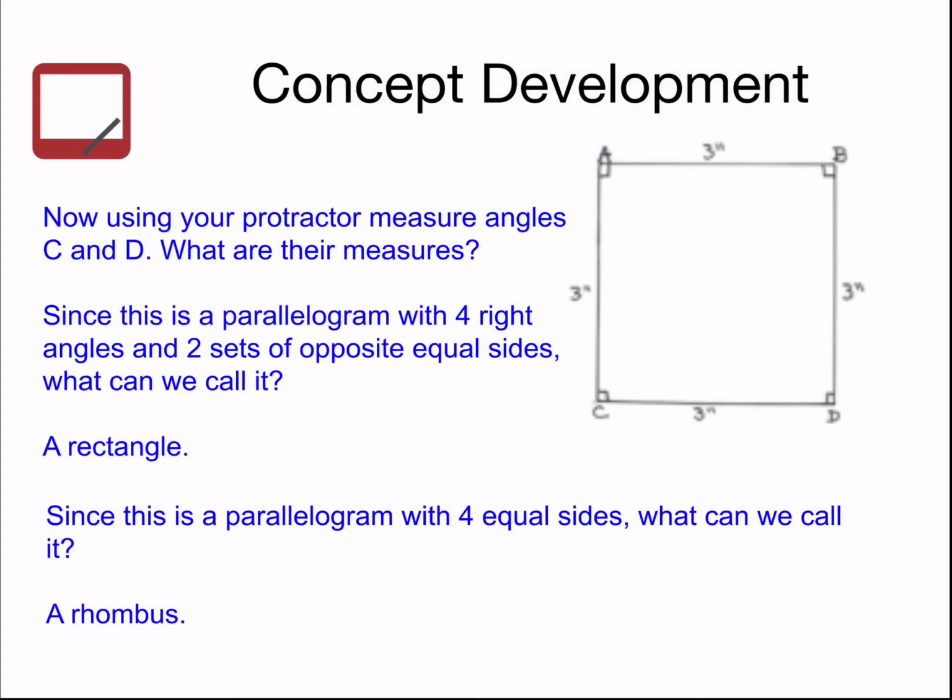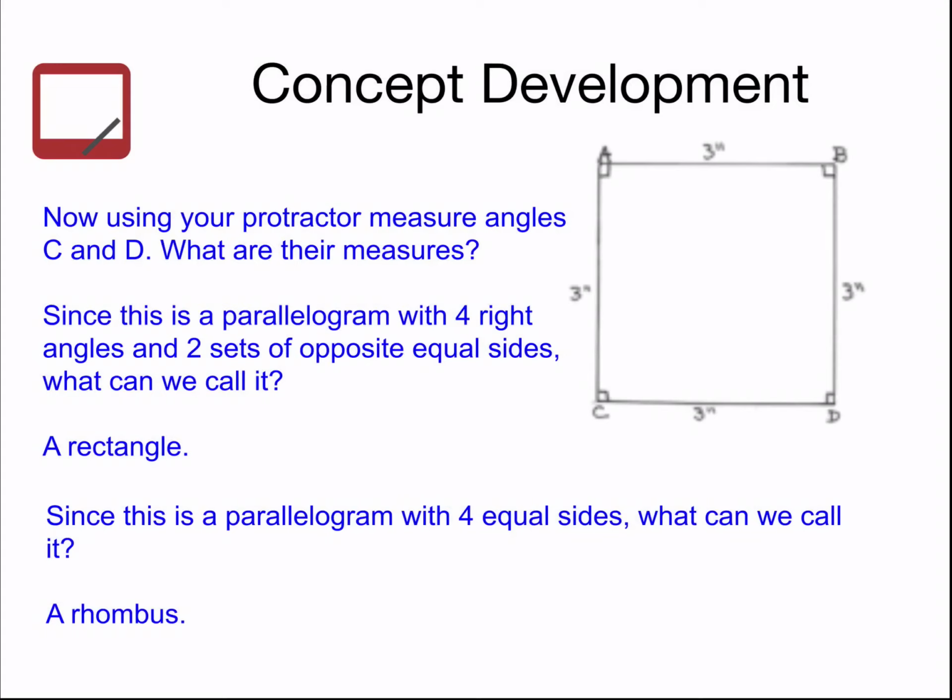Using your protractor to measure the angles of C and D, we know that their measurements are 90 degrees. So this is a parallelogram with 4 right angles and 2 sets of opposite equal sides. So we can call it a rectangle.